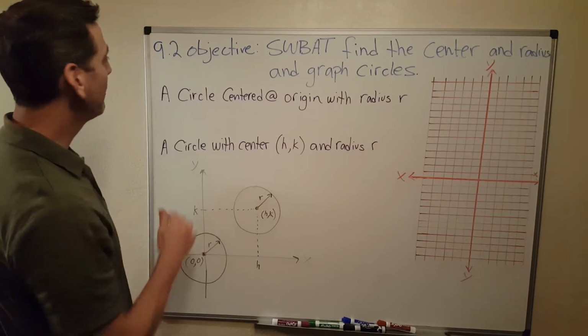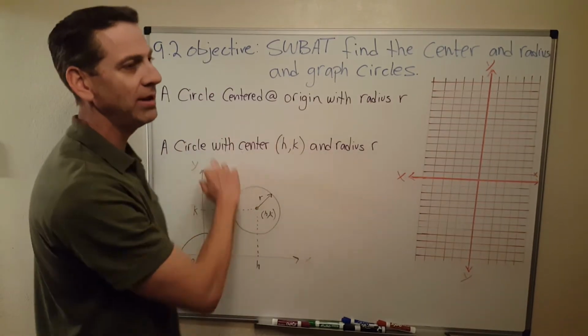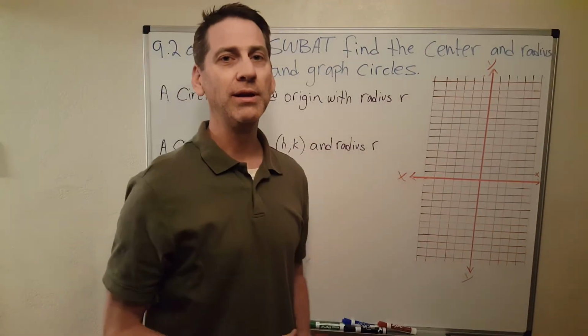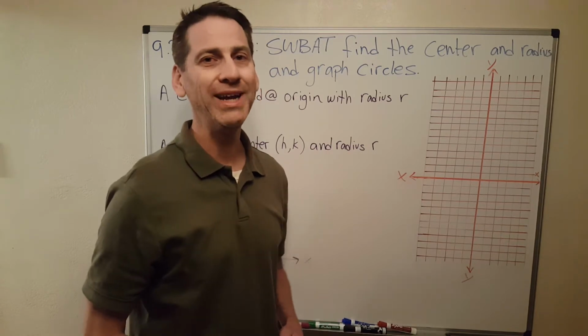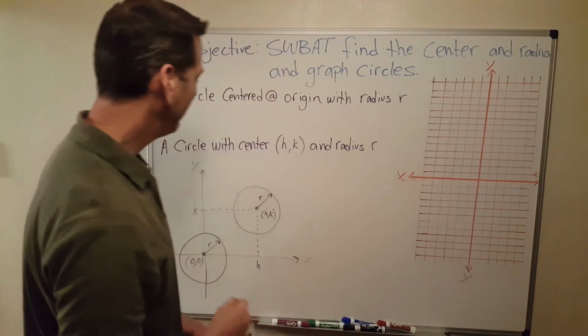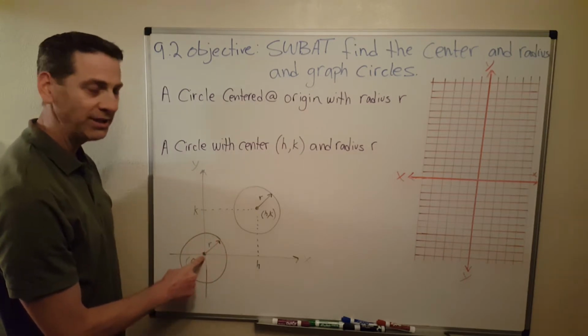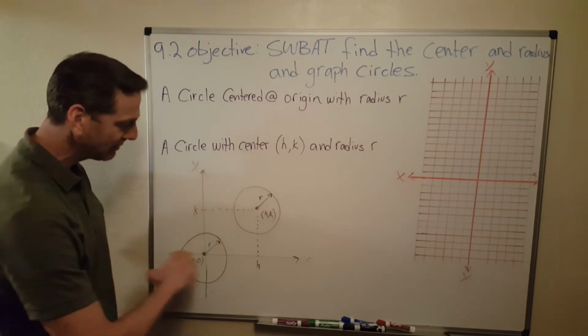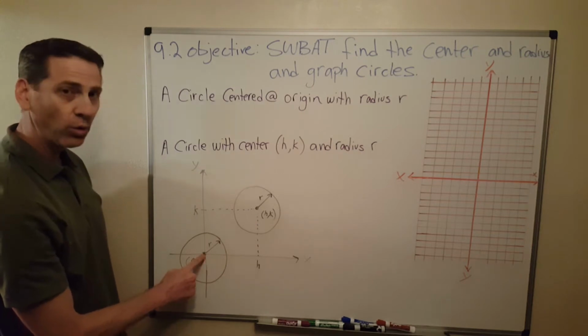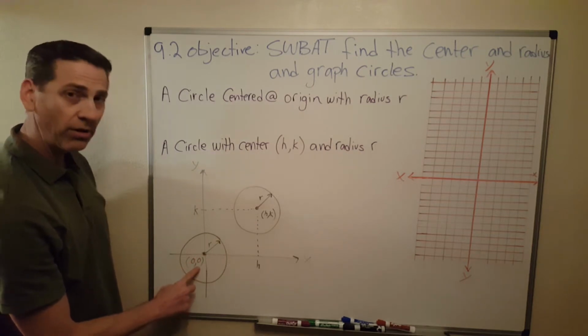First of all, let me give you the equation for any circle. If you have a circle that is centered around the origin, this is the y-axis, this is the x-axis, there's the origin, that's why I have a 0, 0 there.